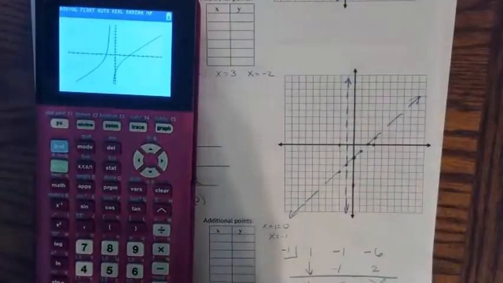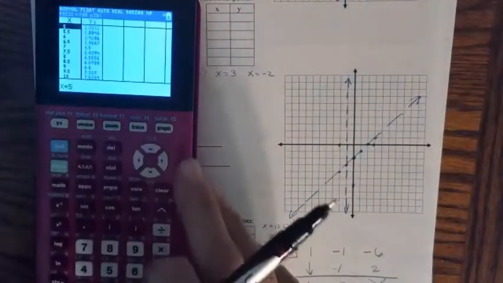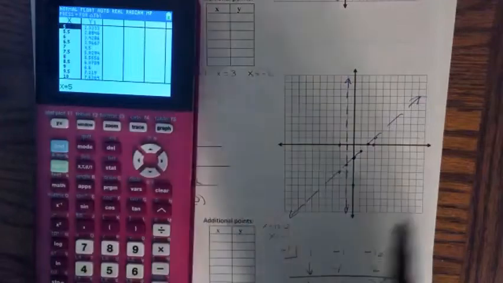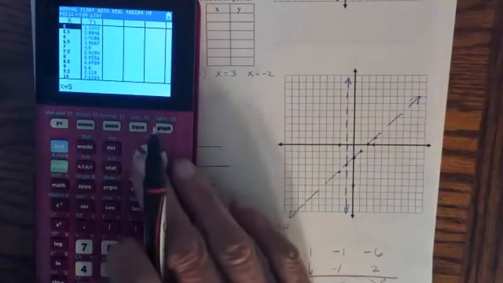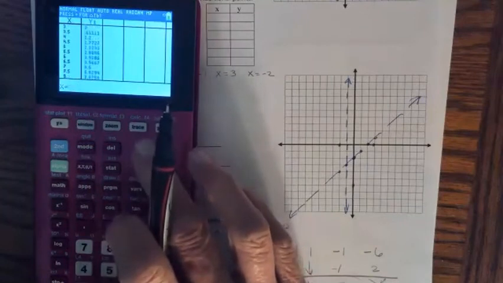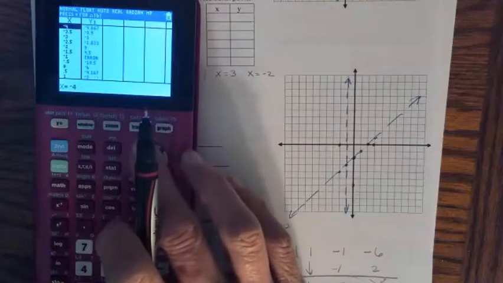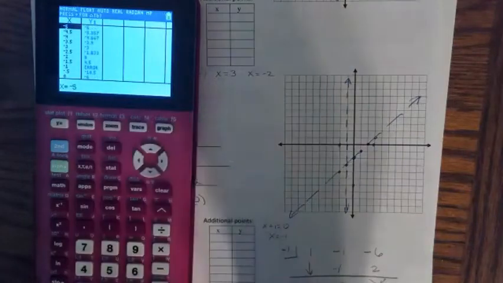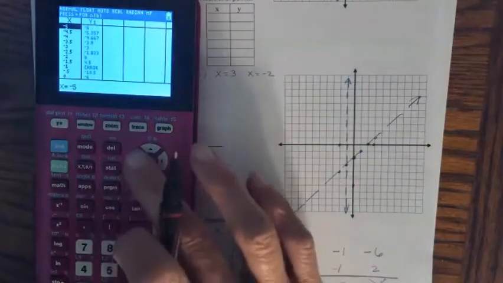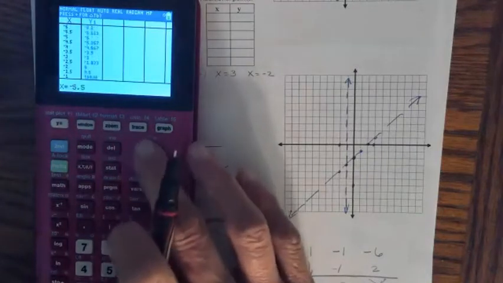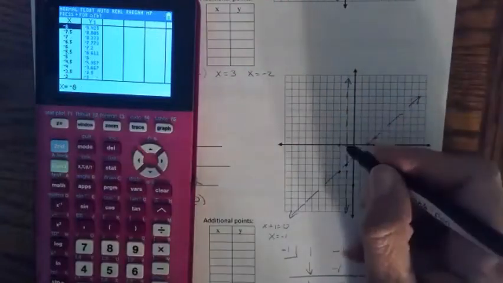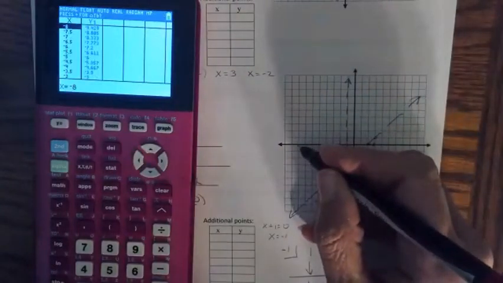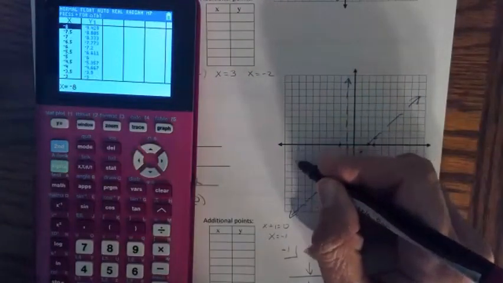So let's get some points. Second table. Again, I want to get some values where x is less than -1. All right, so at -8, I'm at 9.4.